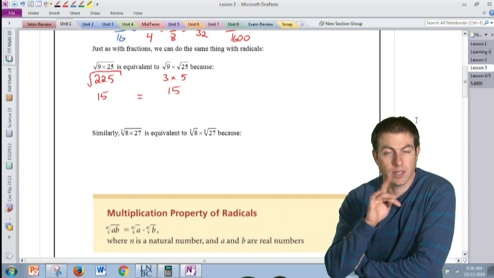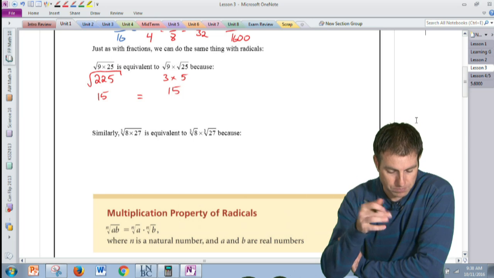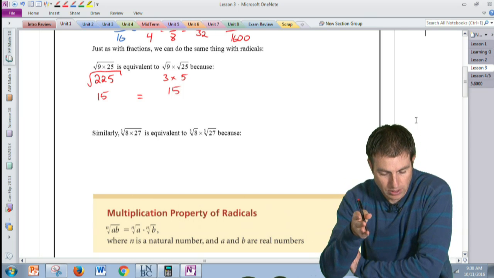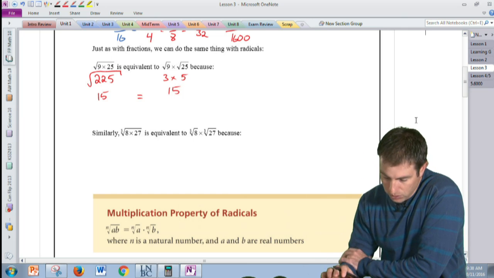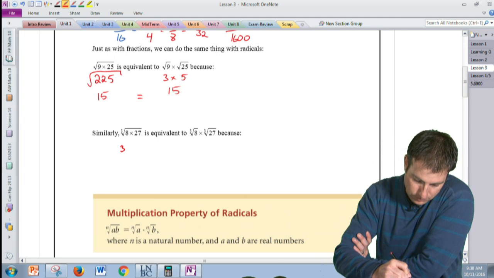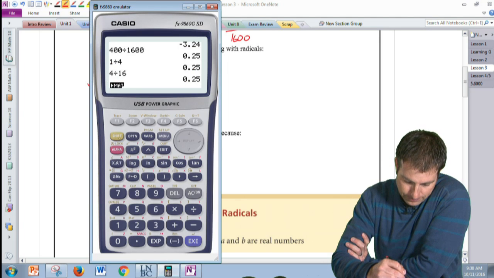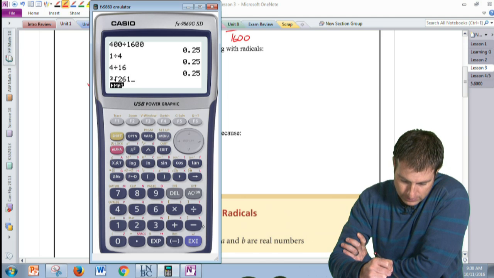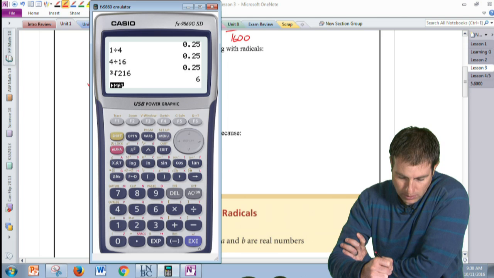So just as it is with the square root, the same property is true for cube roots. It doesn't matter what the root is, we can split it up as long as it's multiplication. So 8 times 27, I don't know what that is, 216. The cube root of 216, that's 6.